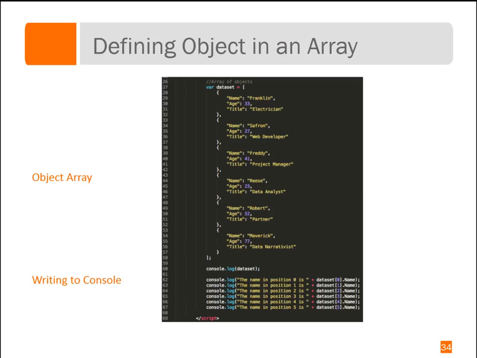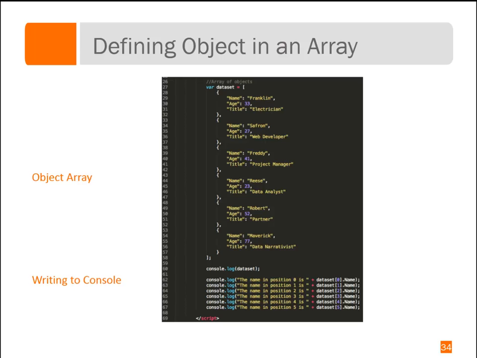So we start off with a name value pair, name Franklin, then age 33, title electrician, close our curly bracket, put a comma, and then we move on to the next, name Saffron, age 27, title web developer, close, comma, open, come back, third one, Freddie, age 41, is project manager, and we put 6 of these in here.